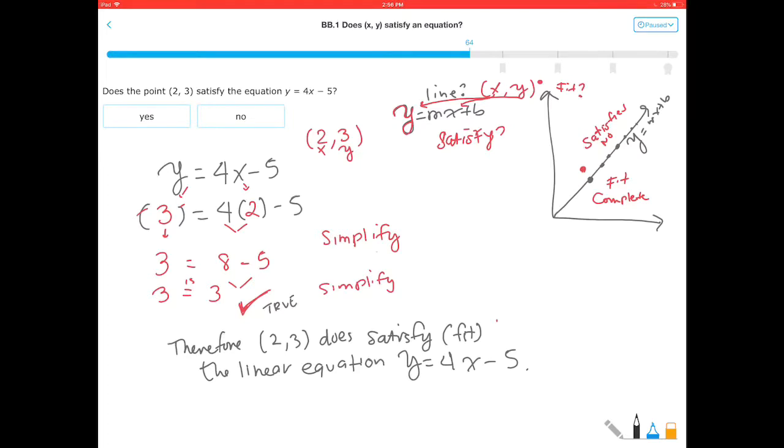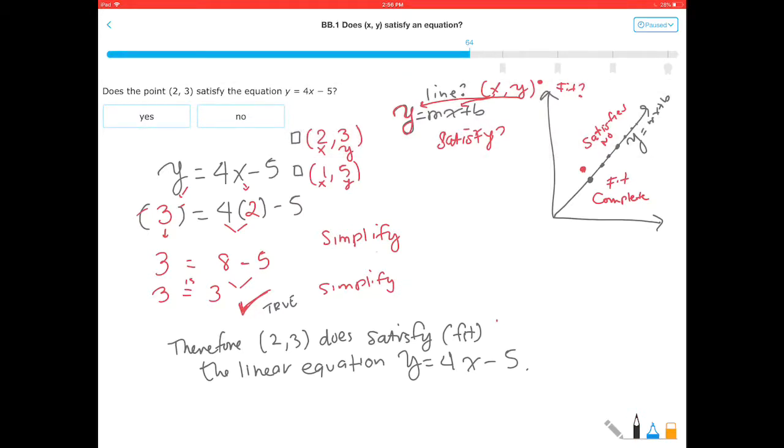Now, let's do another example. What if I said, how about (1, 5)? Does that point fit the line? What you're going to do is substitute for x and y. On the interim, they're going to say, check this point.